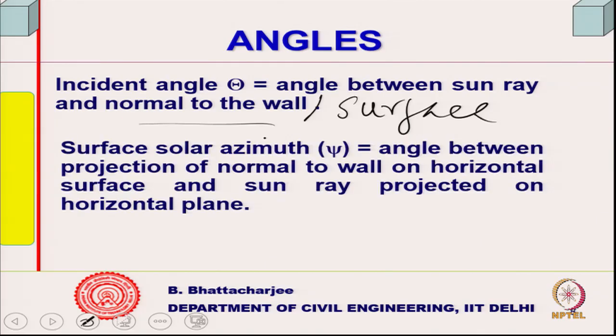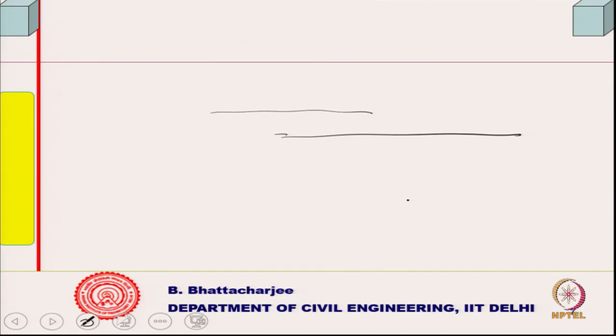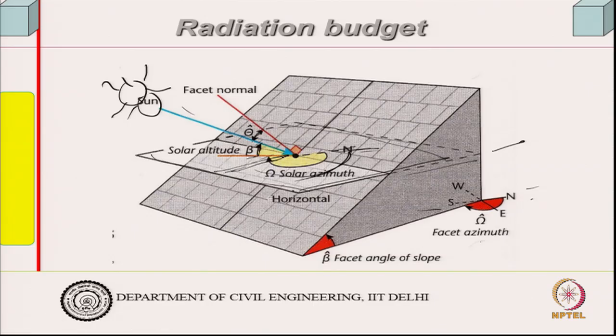Then we define the surface solar azimuth, although again it is not very important. It is the angle between the projection of the normal to the wall or surface on the horizontal plane and the sun ray projected on the horizontal plane. We will not need it here actually, but supposing this is the projection of this line over the ground, and the projection of the sun ray is here, this is the wall solar or surface solar azimuth.